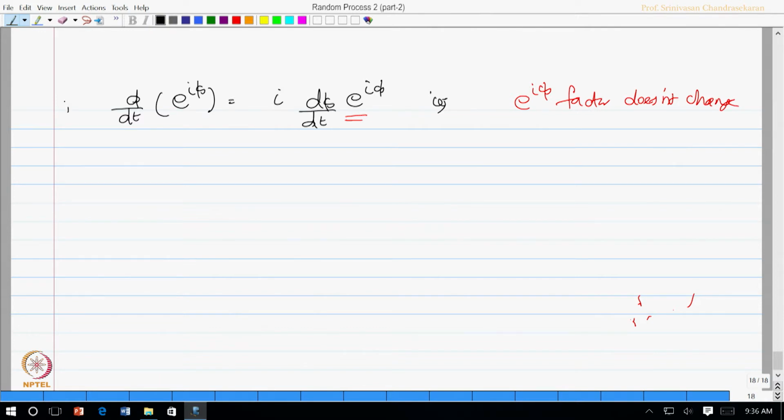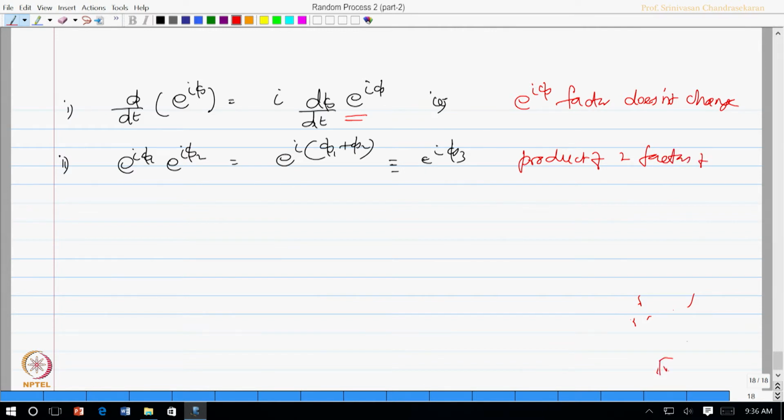Secondly, e power i phi 1 times e power i phi 2 is e power i (phi 1 plus phi 2), which is the same type as e power i phi 3; that is, the product of two factors of type e power i phi leads to a product of the same kind.